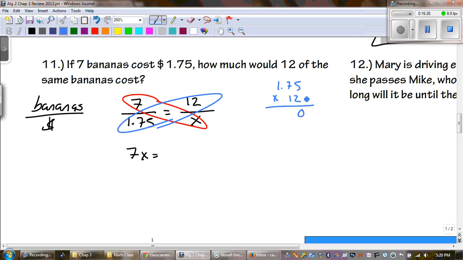2 times 5 is 10. 2 times 7 is 14 plus 1, 15. 2 times 1 plus 2. Put the 0 to hold the place value. 1 times 5, 1 times 7, and 1 times 1. Add those numbers up.